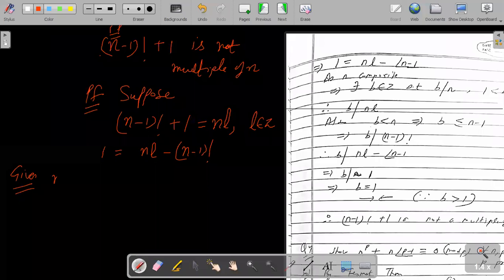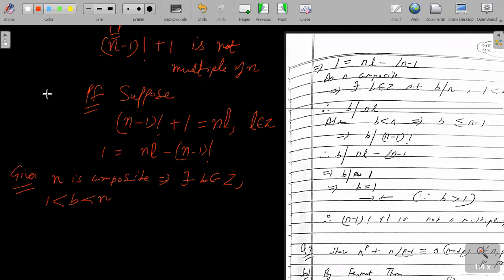Given is that n is composite. This means n has a proper divisor. So there exists an integer b, a proper integer, so b is greater than 1 and less than n, neither equal to 1 nor to n, such that b divides n.